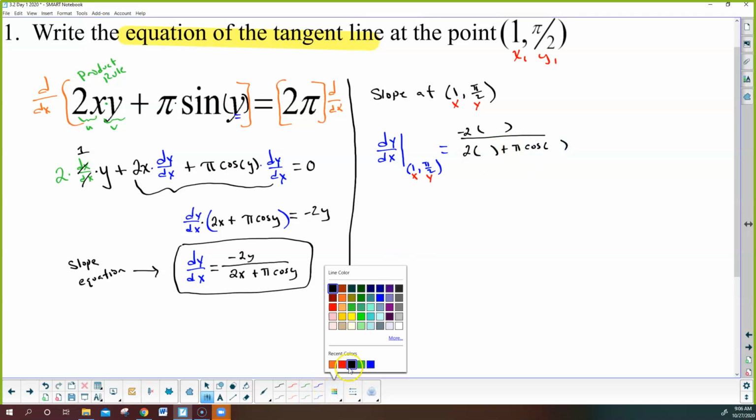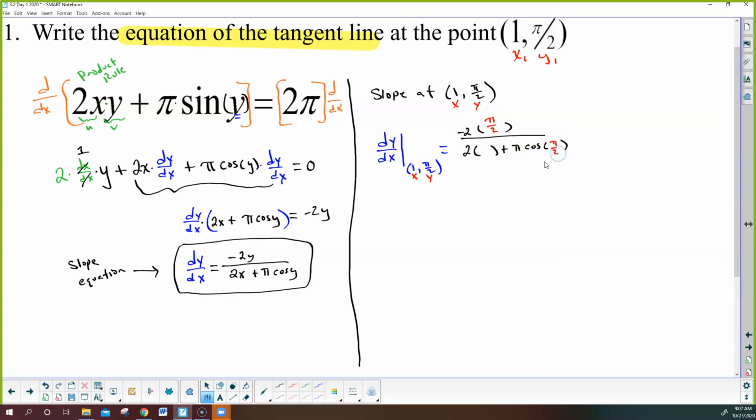I'll give you a second to get caught up here as soon as I plug these in. So I take my derivative equation, and I'm going to plug in pi over 2. That goes wherever there is a y. And then wherever there's an x, we put the 1.